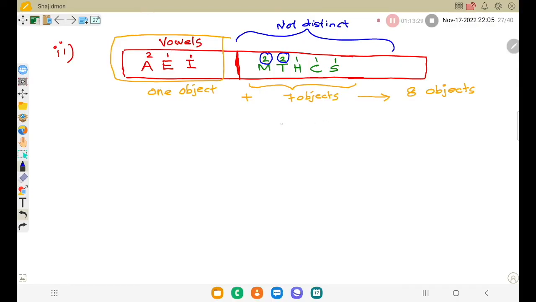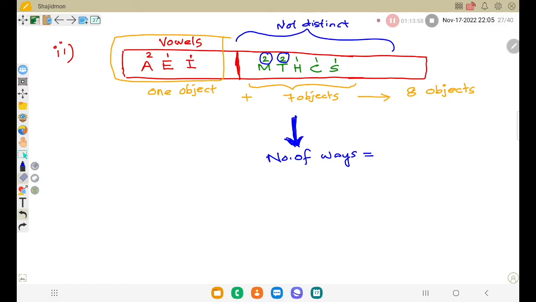If objects are not distinct, how many ways can we arrange them? How many permutations can we form? What is the rule we studied? For objects that are not distinct, the number of ways equals n factorial divided by p1 factorial, p2 factorial, p3 factorial, like that. You know that one, correct?